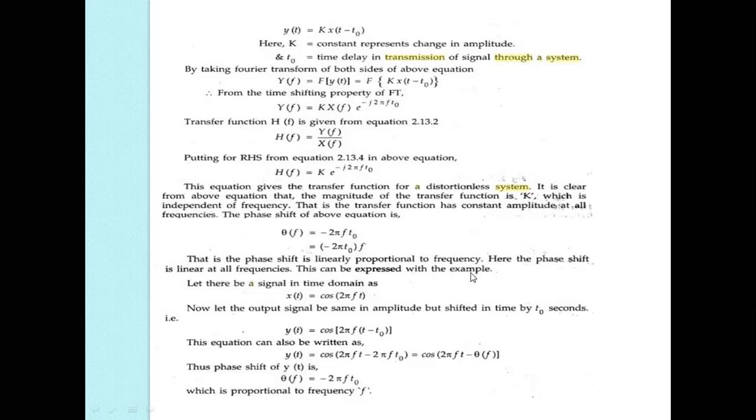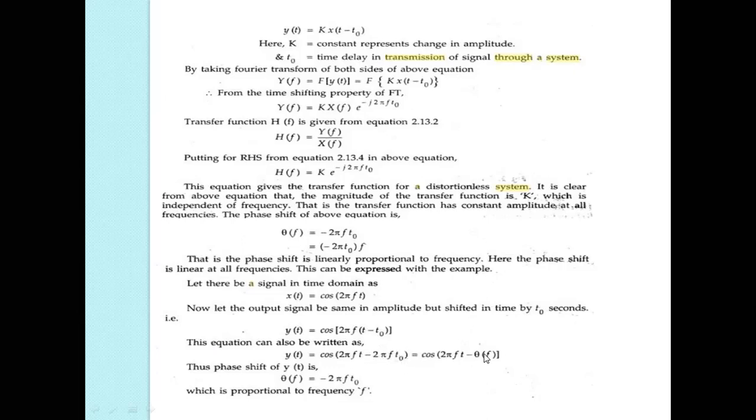This can be expressed with an example. Let there be a signal in the time domain, x of t is equal to a cosine function. Let the output signal have the same amplitude, but be shifted by t naught. y of t is equal to cos 2 pi f into (t minus t naught) due to the system delay. This equation can also be written as y of t is equal to cos(2 pi f t minus 2 pi f t naught).